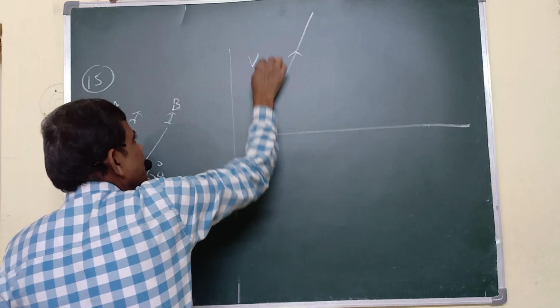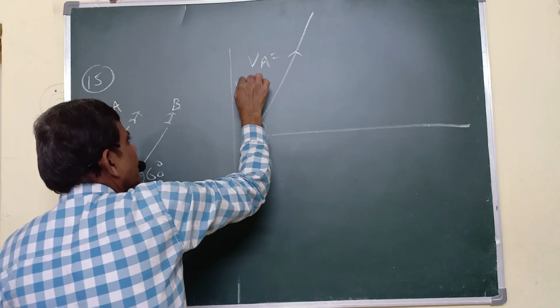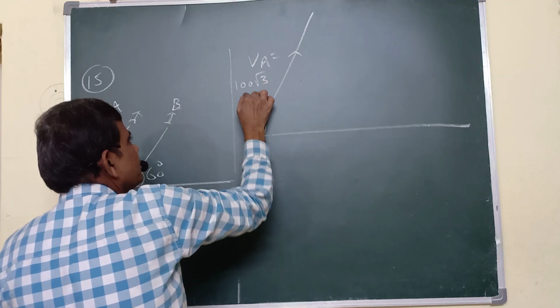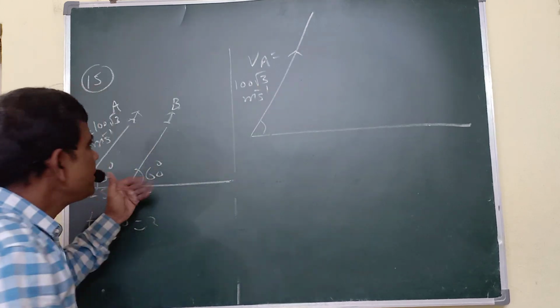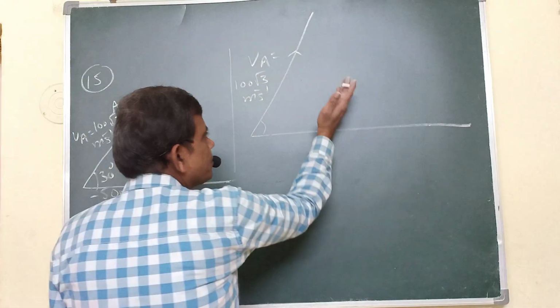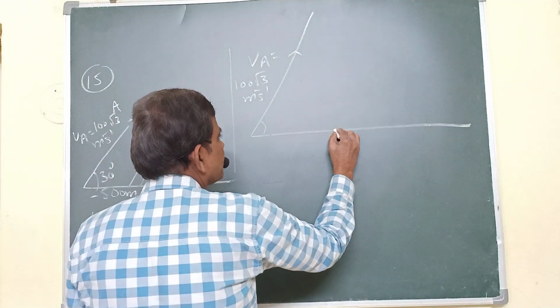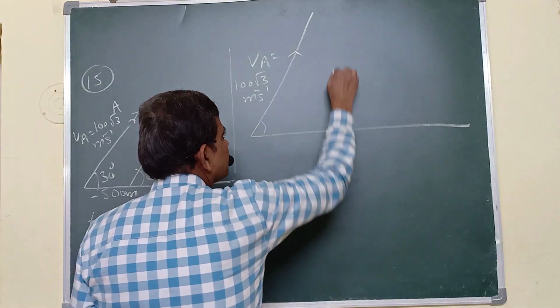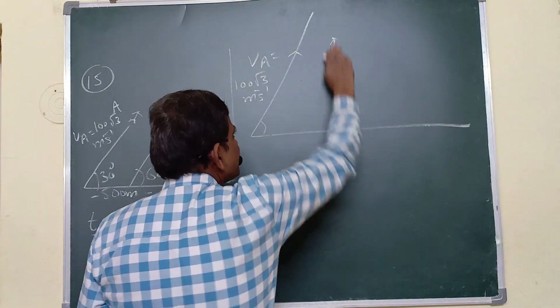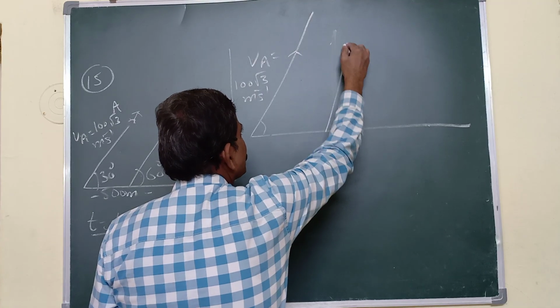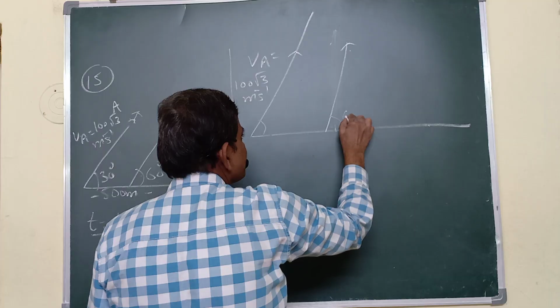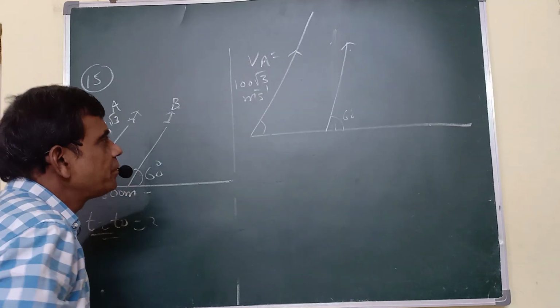The velocity of the A plane he has also given, that is 100 root 3 meter per second. Similarly, this is making 60 degrees. This is not 90, it is just like this, so I am taking this as 60 degrees.